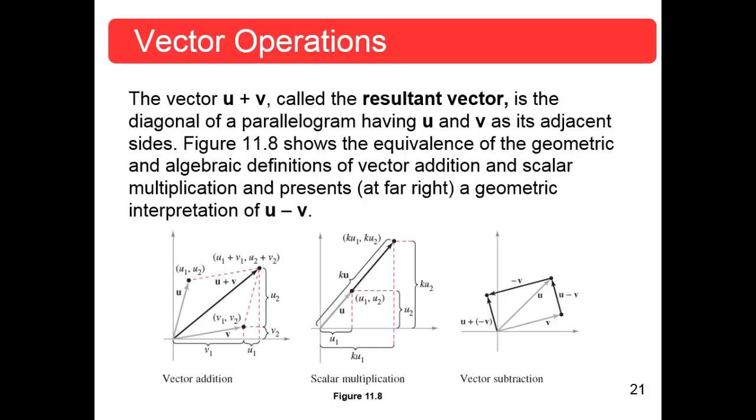This is your v1. This is your v2. Here's your u1. Right here they show it, which is the same as here. And there's your u2, which they show right here. And if you take a look at that, v1 plus u1 gives you your component here, and v2 plus u2 gives you a component here.